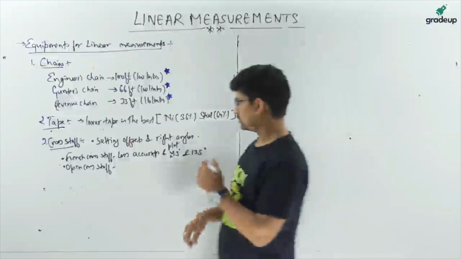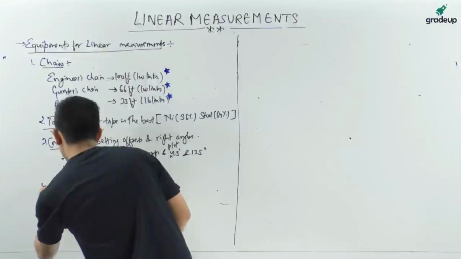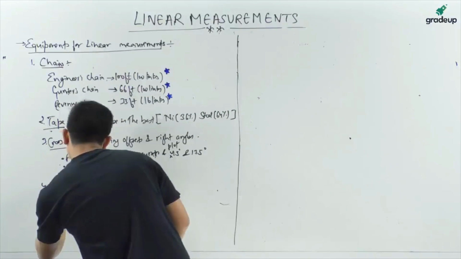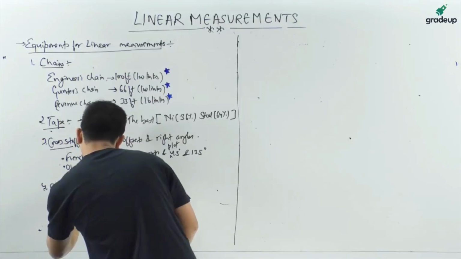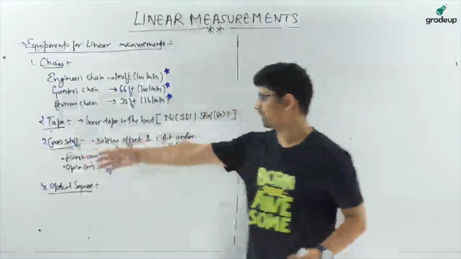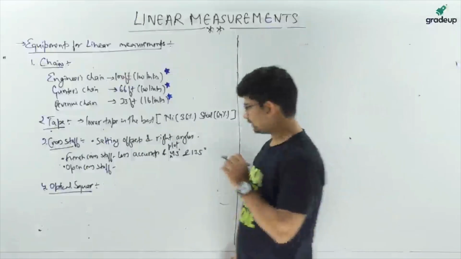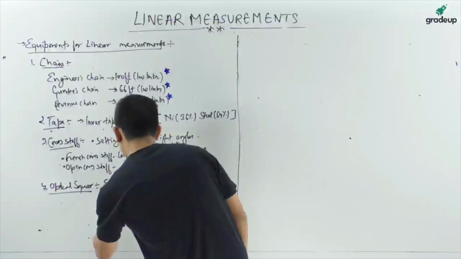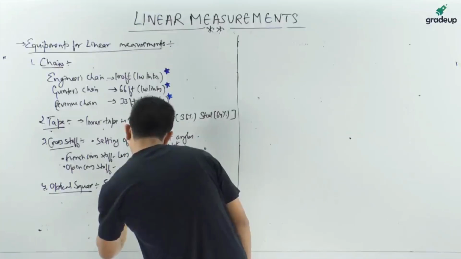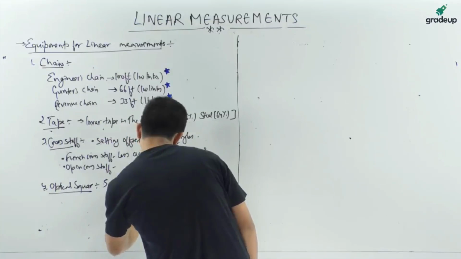Okay. So this is about the cross staff. Then there is the optical square. Optical square is the upgraded version of cross staff. It is used for setting right angles.